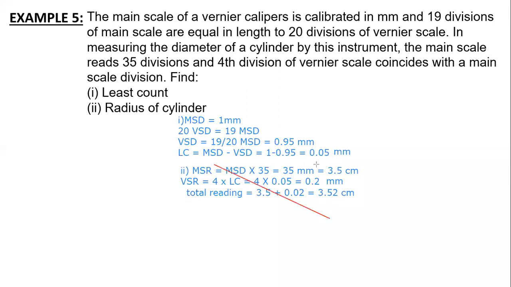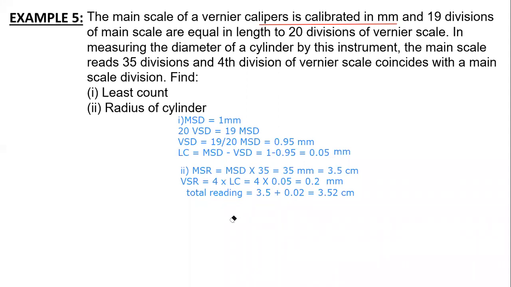My intuition says it is incorrect. Shreyas, it's given that the main scale is calibrated in millimeter. The answer is for diameter, but we need radius.